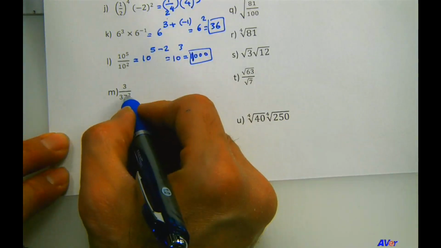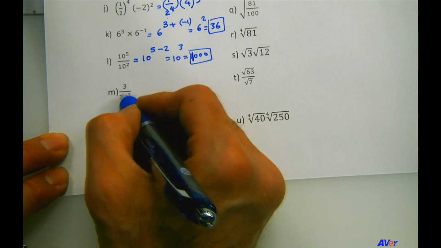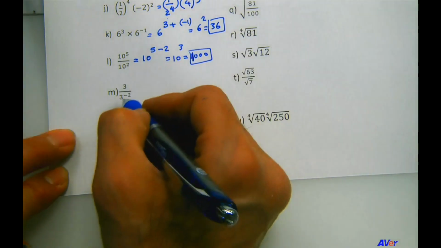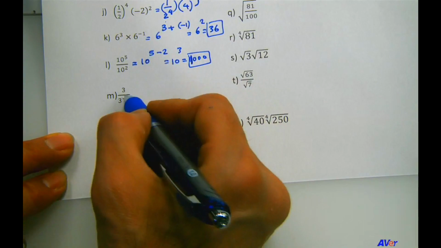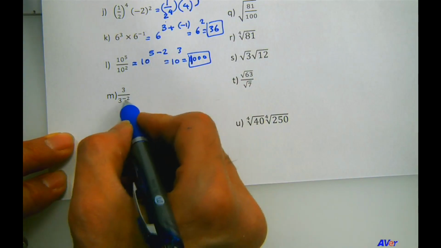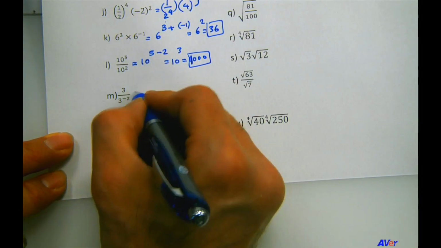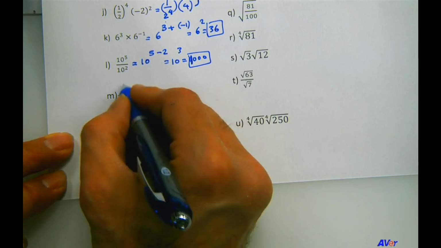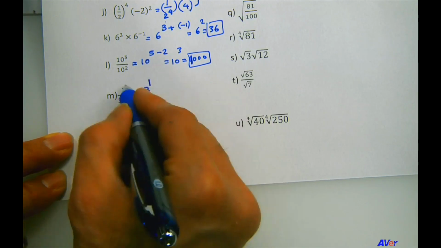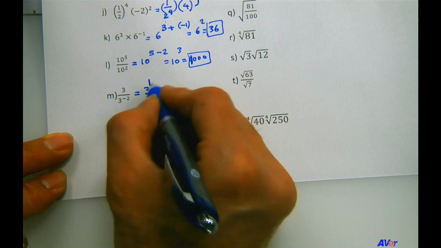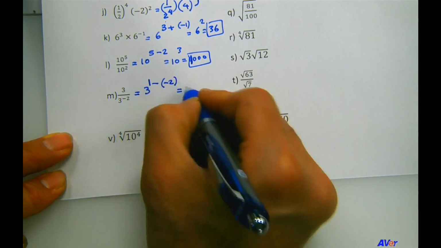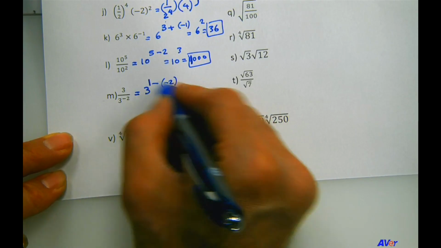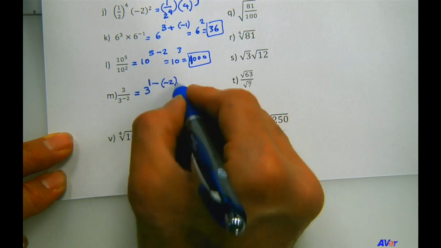Okay. So this one, the bases are the same, 3 and 3, but the power in the denominator is negative. So it's the same thing as that, but here you've got to be careful because -2 will make this positive. This 3 has power 1, right? That's that power, 1. Minus, this power is -2. So we have 1 minus -2 is +2. 1 plus 2 is 3.